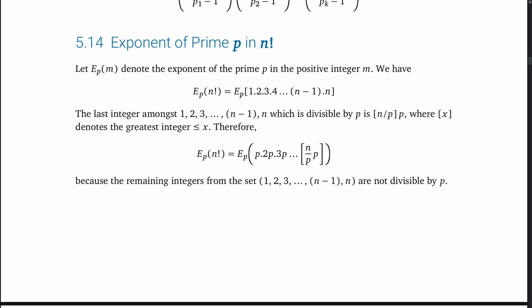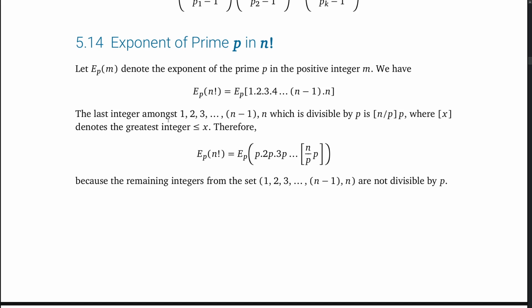Now we have something called the exponent of prime p in n factorial. Let EP of m denote the exponent of prime p in the positive integer m. We have EP of n factorial is equal to EP of 1.2.3 and so on through n.